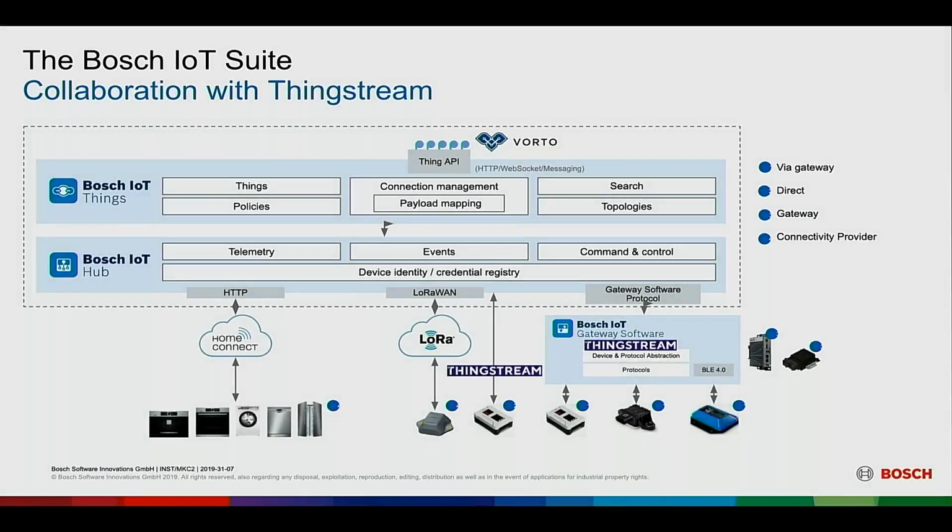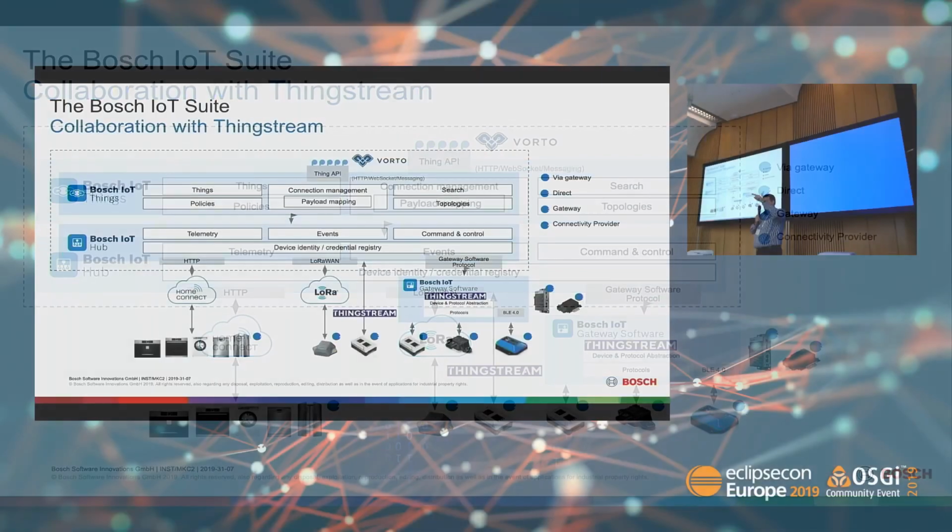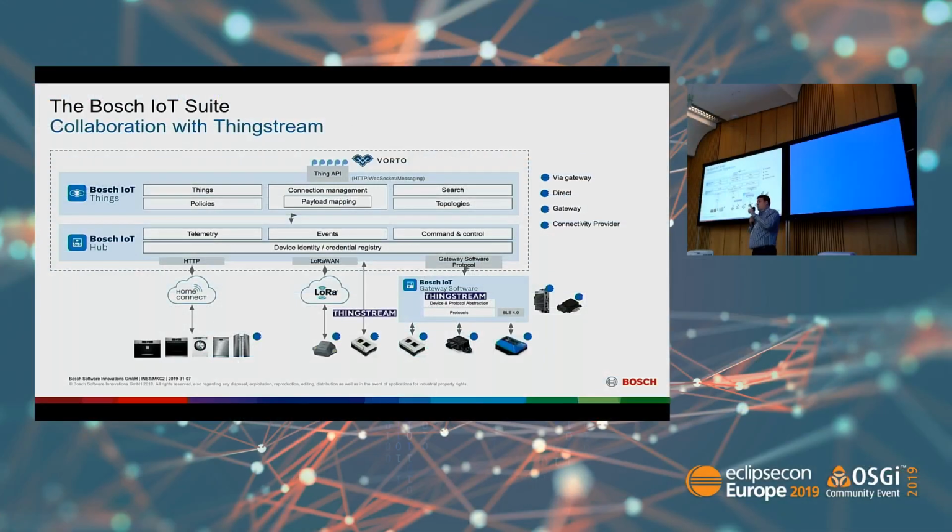All right, and I should have mentioned obviously that the message exchange between the gateway software and the remote manager is happening through ThingStream, right? So here you basically see what we are doing together. We have here our gateway software stack, and ThingStream has developed a protocol adapter that works on our gateway software, but I would expect it works similarly on Kura and other implementations.